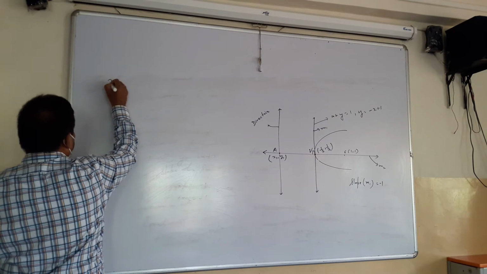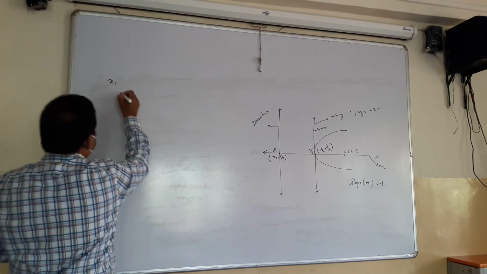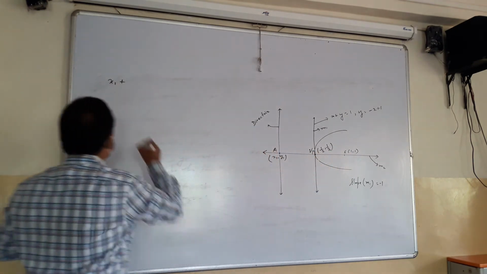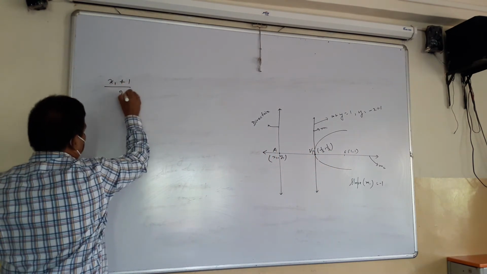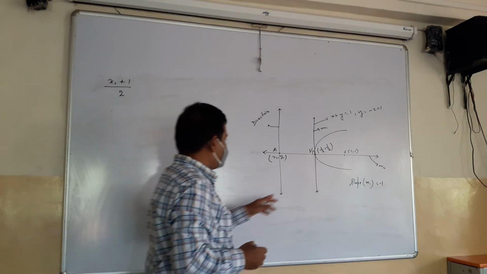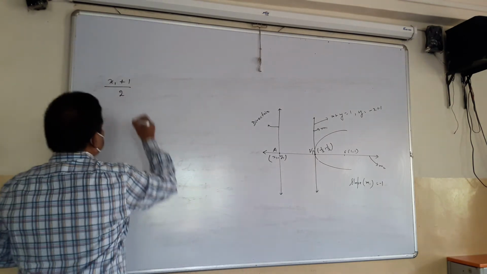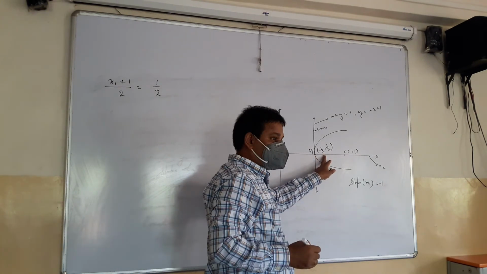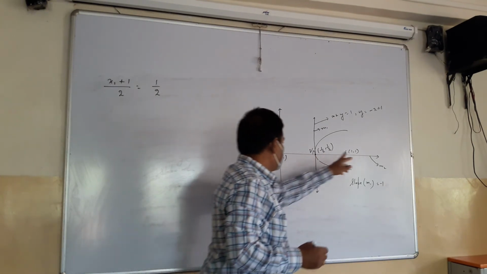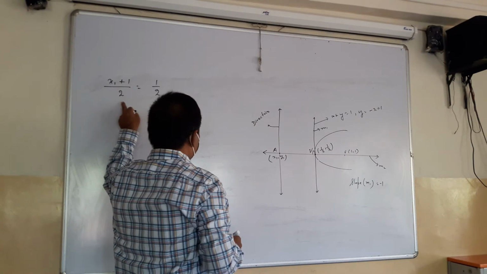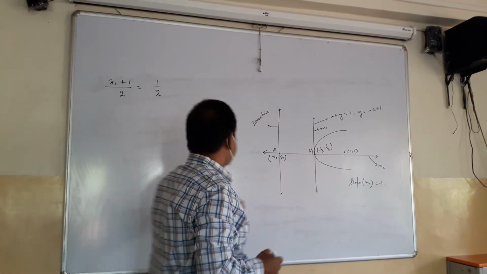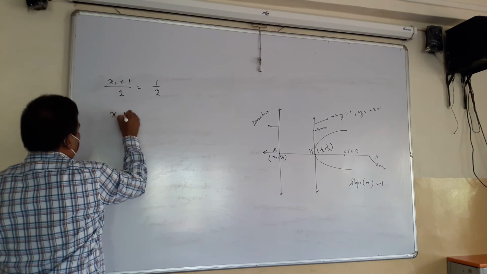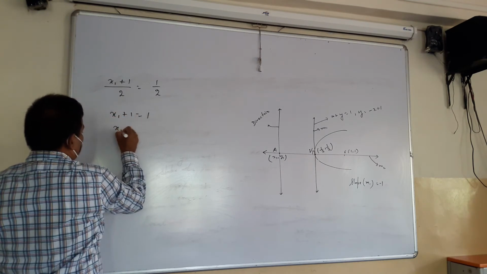Midpoint formula: x1 plus 1 divided by 2 is equal to 1 by 2, the vertex 1 by 2. So x1 plus 1 is equal to 1, x1 is equal to 0.